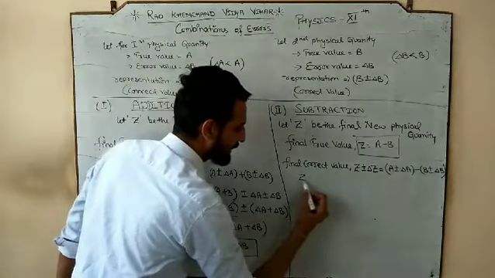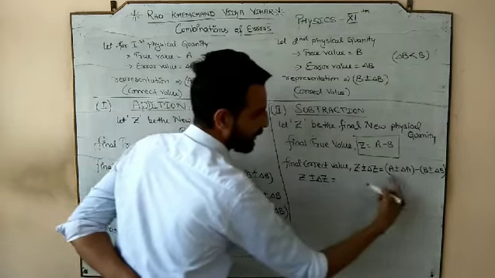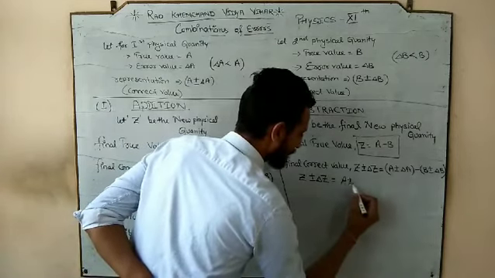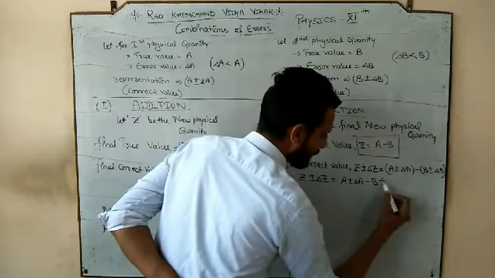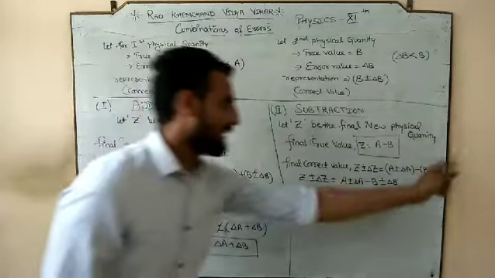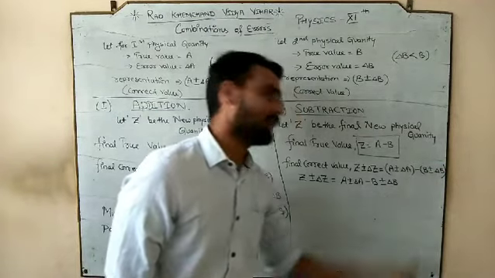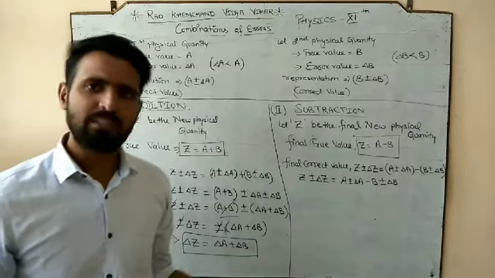Please open the bracket. So Z plus minus delta Z is equal to A plus minus delta A minus B plus minus delta B. Here it is plus minus, and when you multiply the minus with that, it will become minus plus, or it would be the same thing.